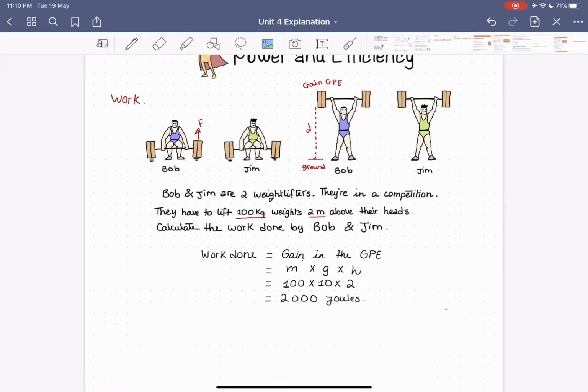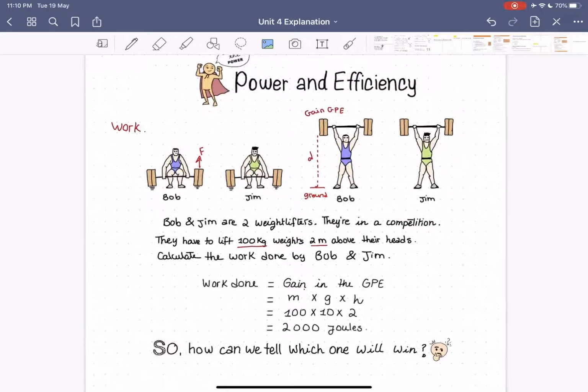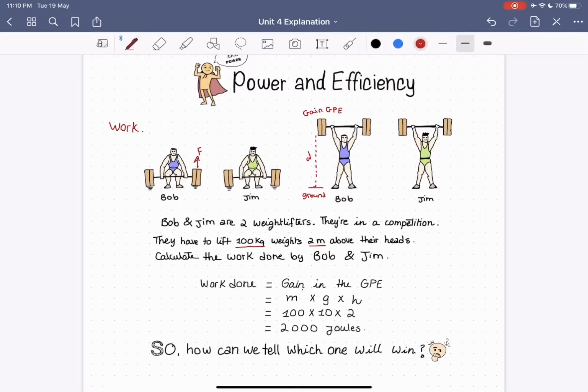Now, it is a bit confusing because we want to know which one will win. So we need to compare another factor other than the work. We need to take into account other factors than the work in order to decide which weightlifter, Bob or Jim, will win.